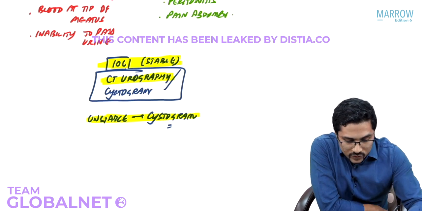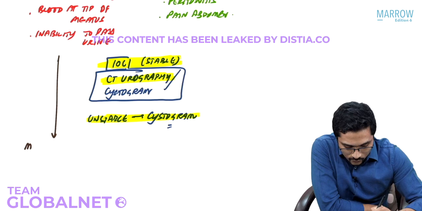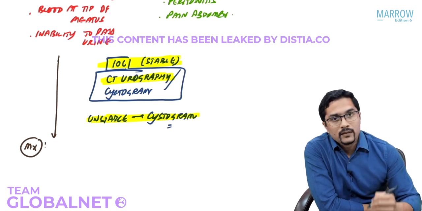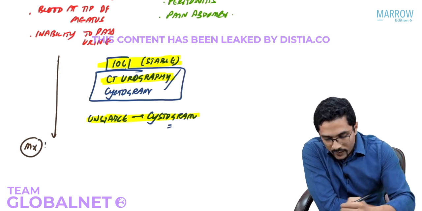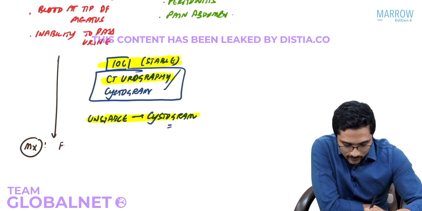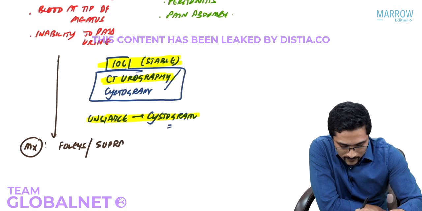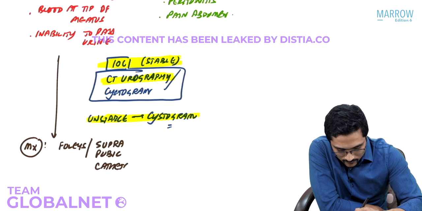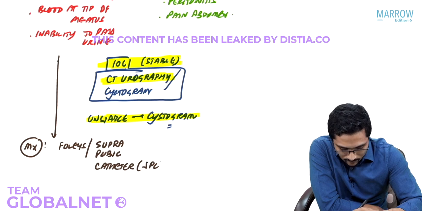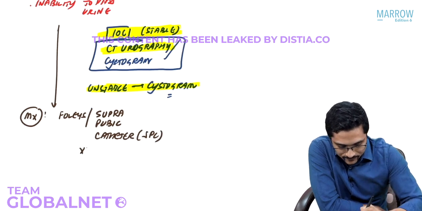Now, what is the management of these patients? If you have extraperitoneal rupture of bladder, the management is pretty straightforward. The management is either a Foley's catheter or a suprapubic catheter, SPC, for 7 days.